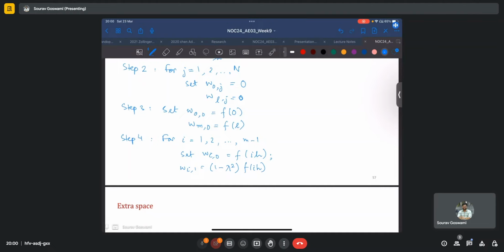So now we are trying to find the information for the first time step. We already have the information for the zeroth time step from the initial conditions, plus λ²/2 [f((i+1)h) + f((i−1)h)] plus k g(ih).